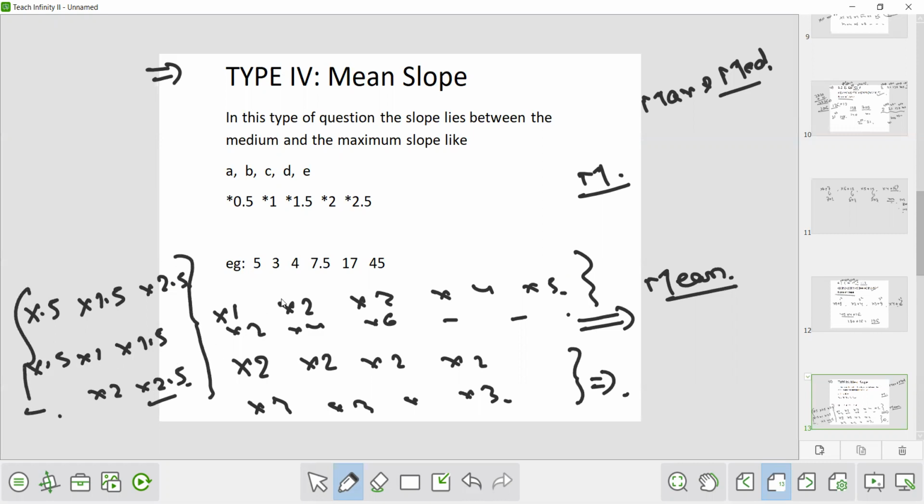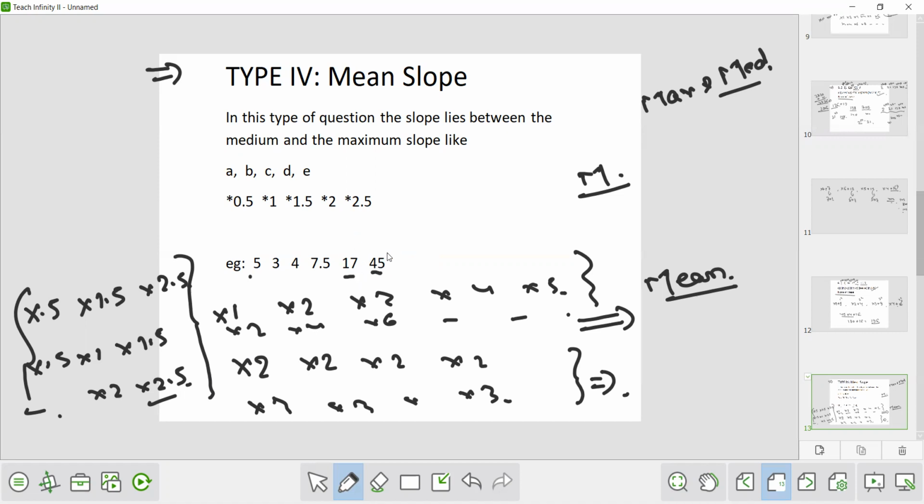Okay, so let's look at one example. The example here is 5, 3, 4, 7.5, 17, 45. So again we will look at the slope. This 45 and this 17. 45 is the greater number, 17 is the smaller number just below that 45.